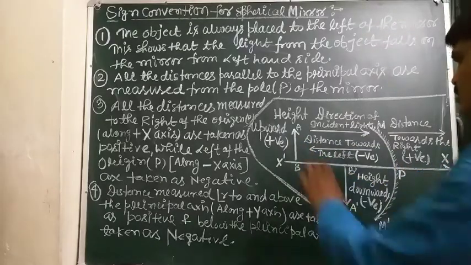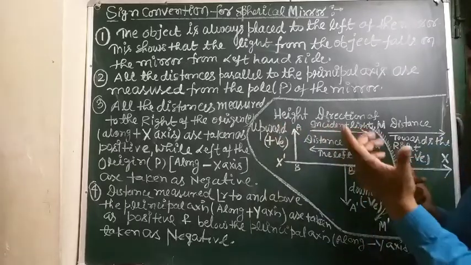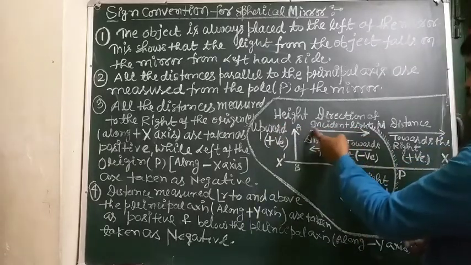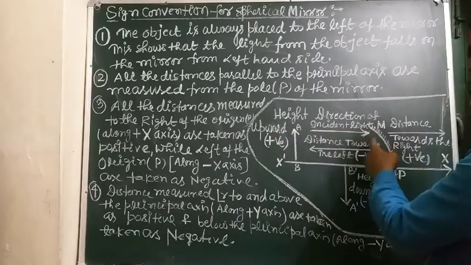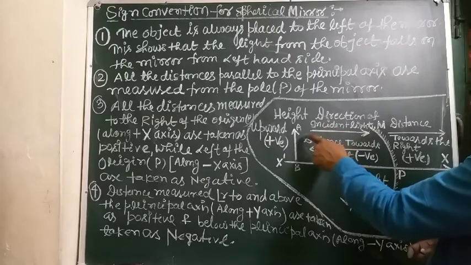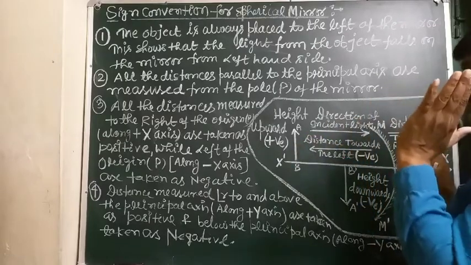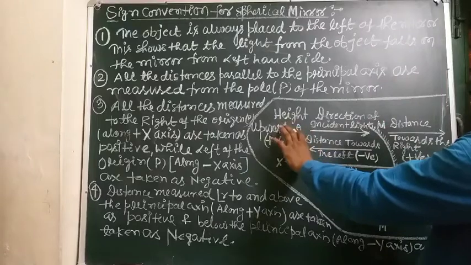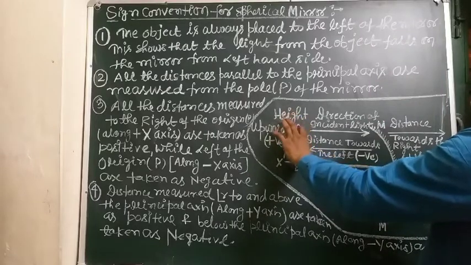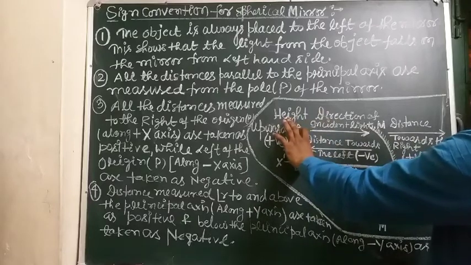It means if the object is here, what will happen? Light will be incident from left to right. The first sign convention rule is that the object is always placed to the left of the mirror.